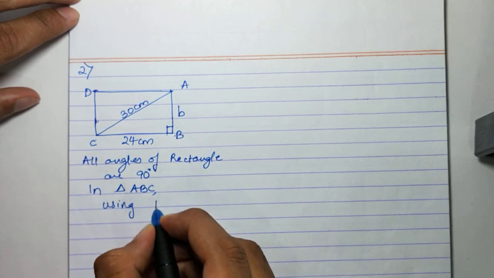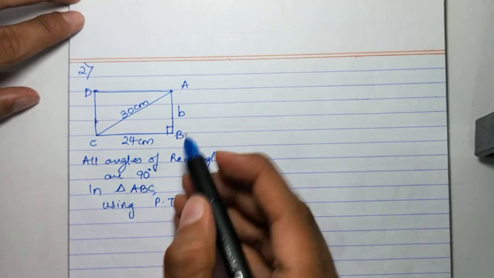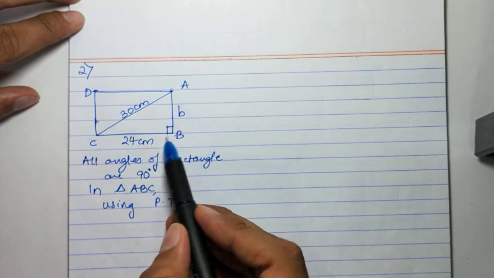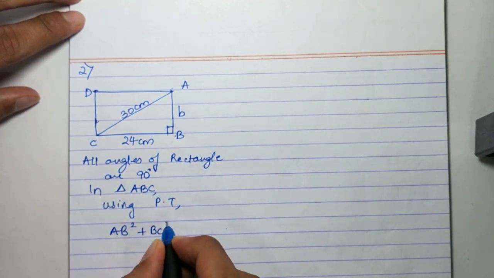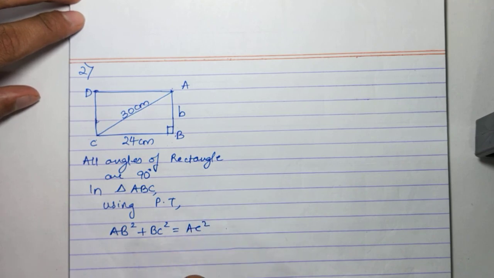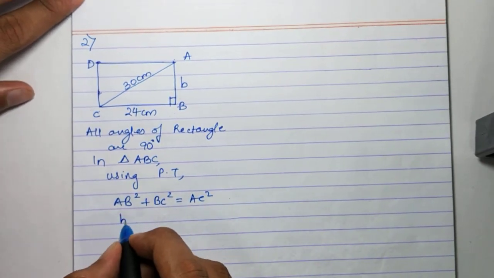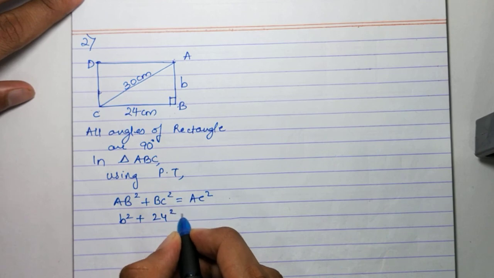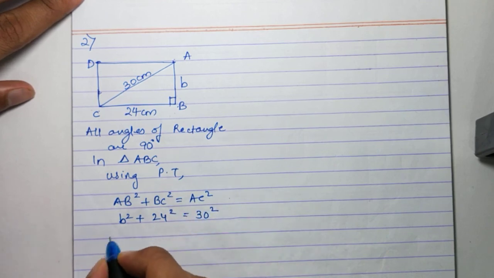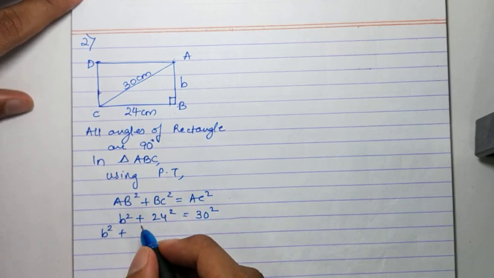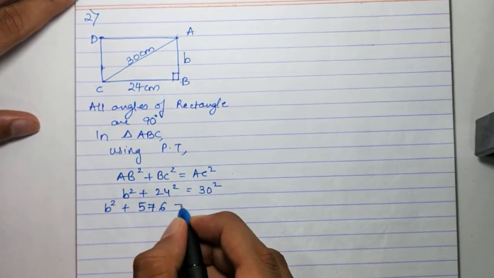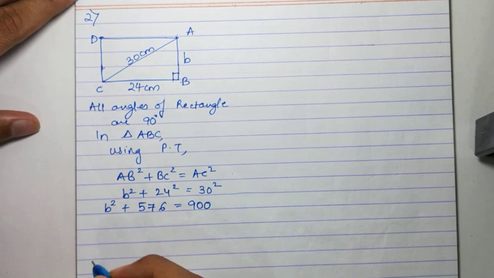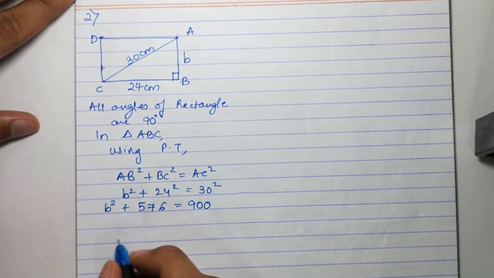using Pythagoras theorem, this is the hypotenuse, so AB square plus BC square equals AC square. I'll quickly put the values. B square plus 24 square equals 30 square. So B square plus 576 equals 900.